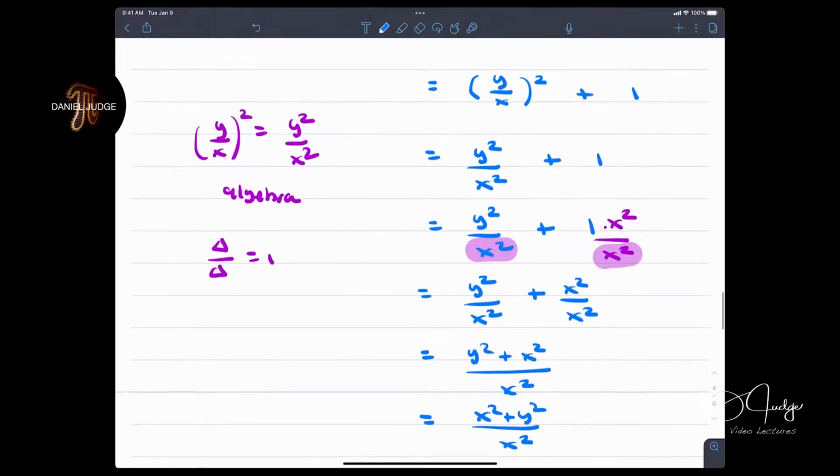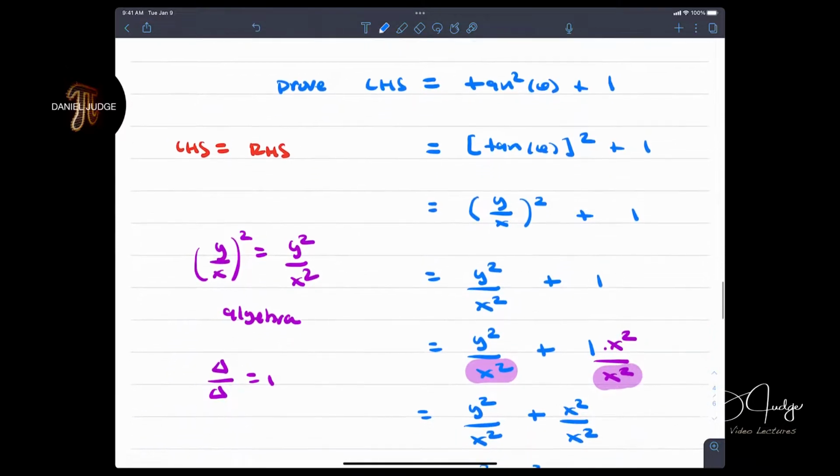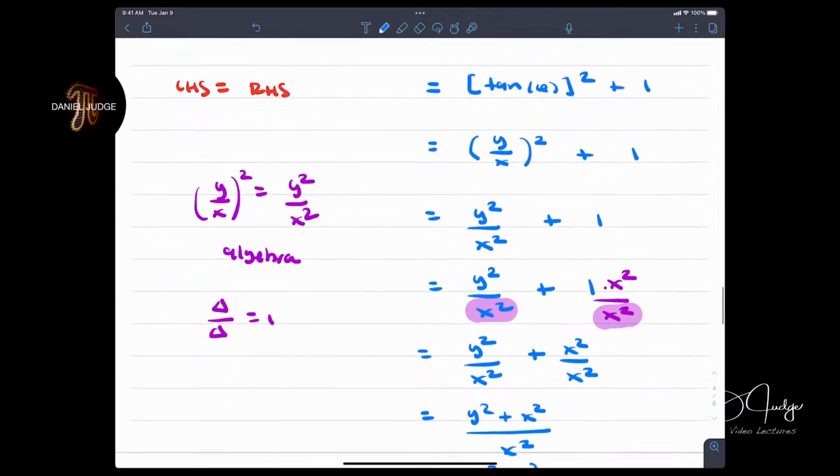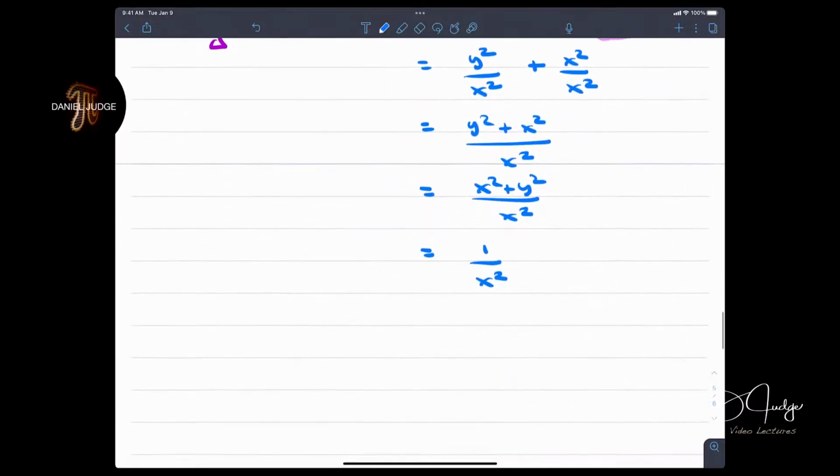This is 1 over x squared. So I just showed that the left-hand side is the same as 1 over x squared, using circular functions and algebra.